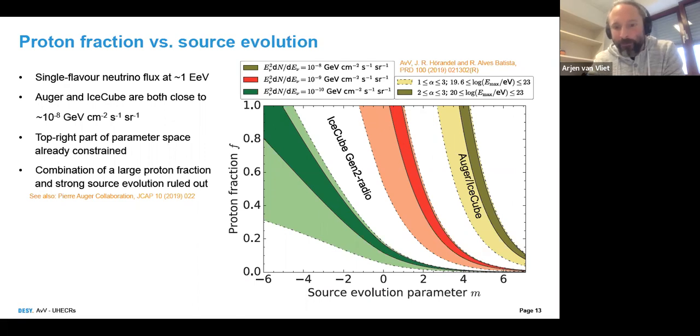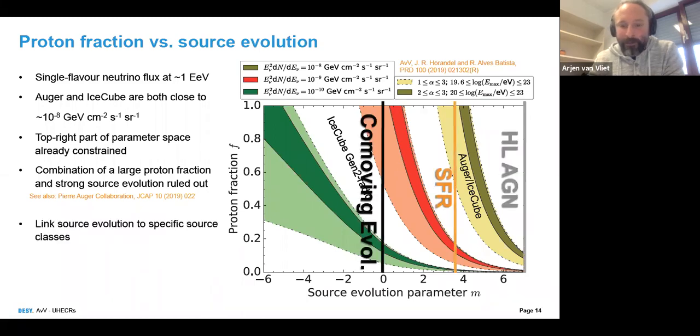So, if you now look at what this actually means for specific source candidates, then we can put specific sources here. And we know, for example, that high luminosity active galactic nuclei, which are a very interesting source candidate class for ultra high energy cosmic rays, are basically the most extreme sources, or at least continuous sources that are out there.